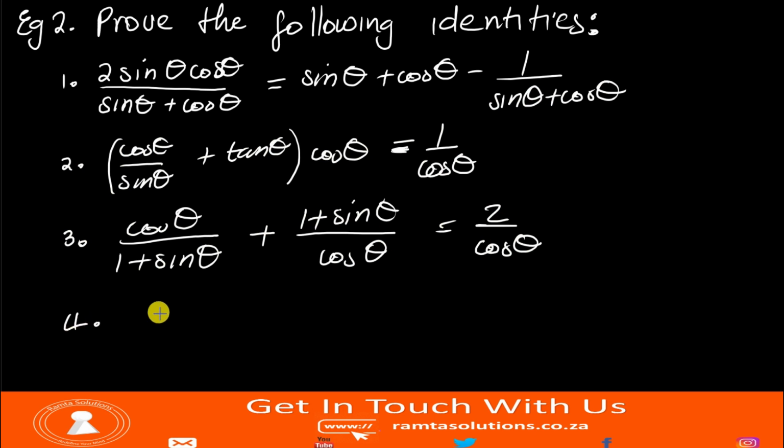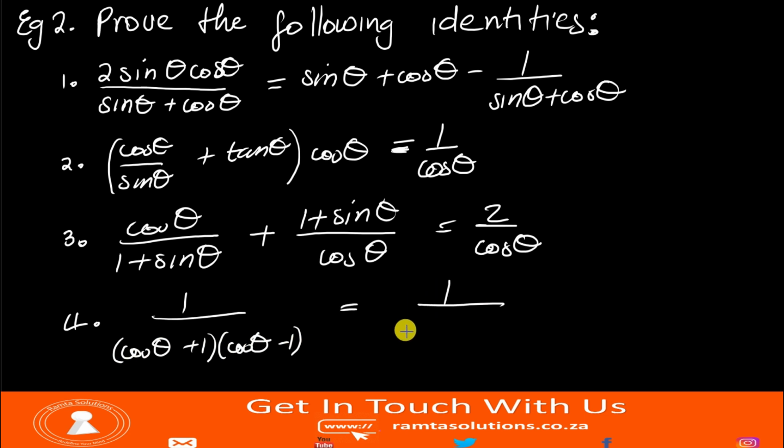And then the fourth one, we'll just do 4, will be open bracket cos theta plus 1 multiplied by cos theta minus 1 close bracket must be equal to 1 over tan square theta cos square theta. Right? Okay. All right.